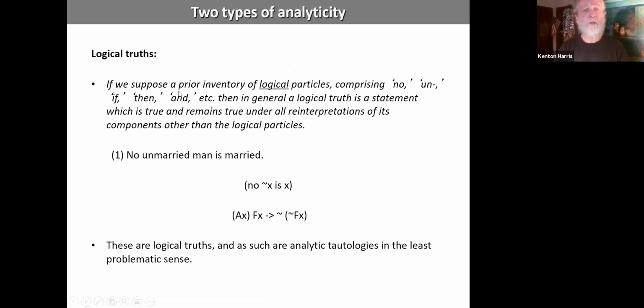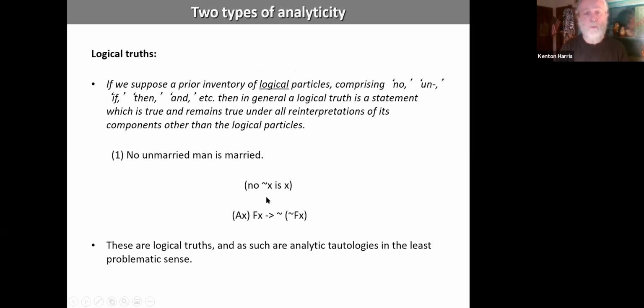If we suppose a prior inventory of logical particles comprising no, un, if, then, and, etc., then in general, a logical truth is a statement which is true and remains true under all reinterpretations of its components other than the logical particles. So, no unmarried man is married.